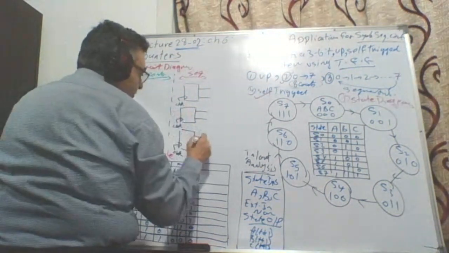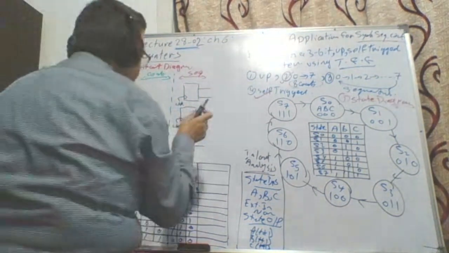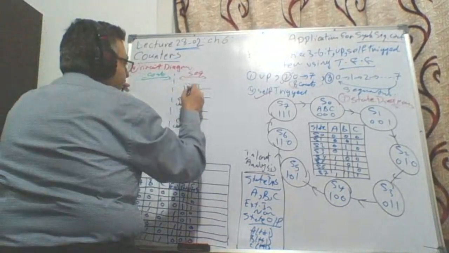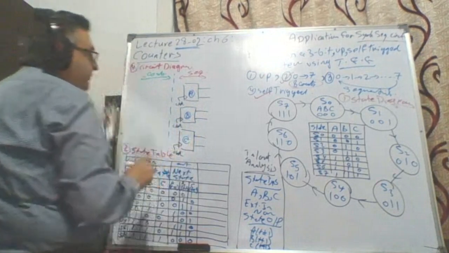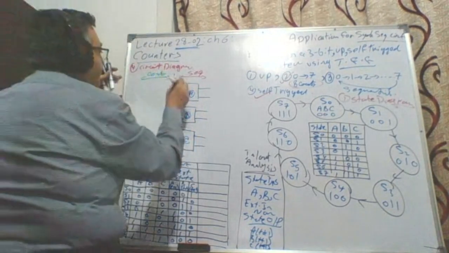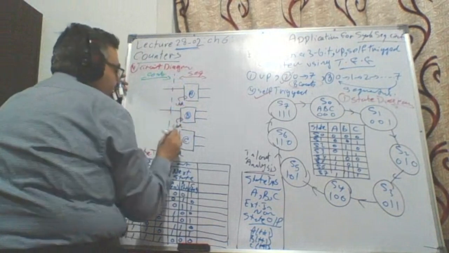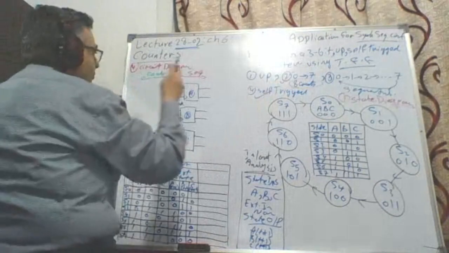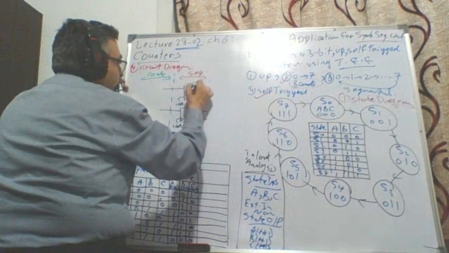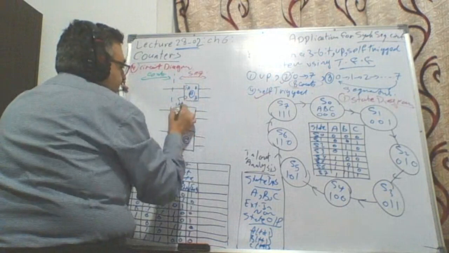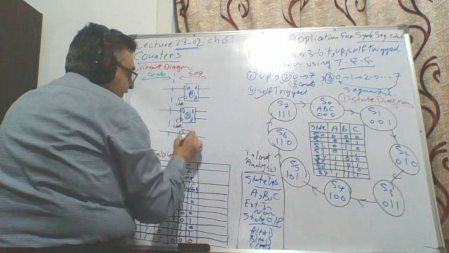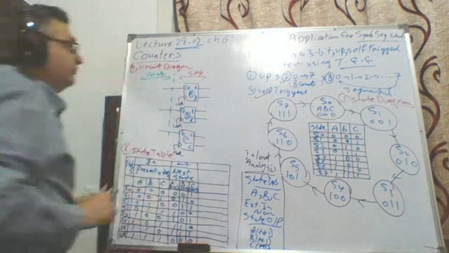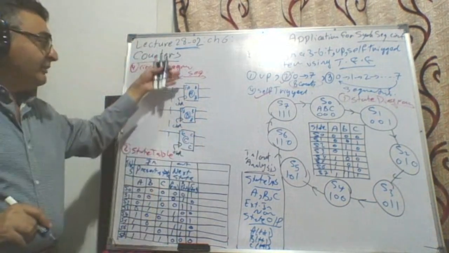We call this flip-flop A, this is B, and this is C. What type of flip-flops did we use here? We decided to use the T flip-flop. So I have here TA and output A and A bar, TB, B and B bar, TC, C and C bar.